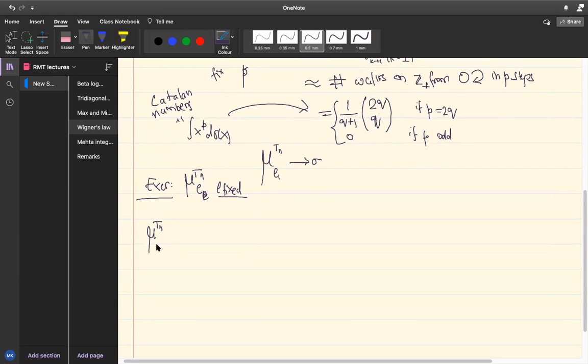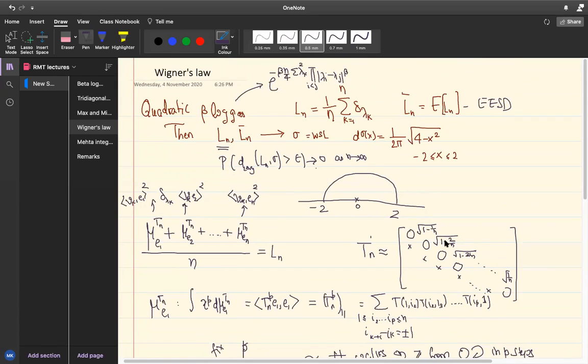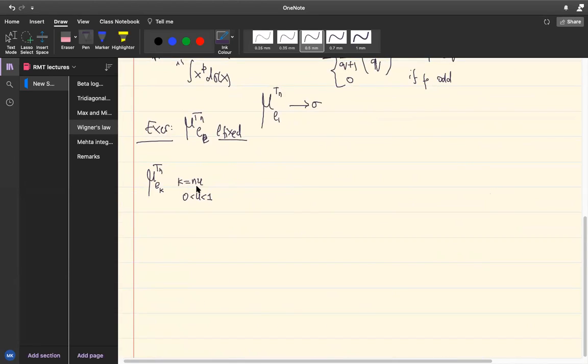But let me take somewhere deep inside. Mu Tn, let me take it at E_k, where K depends on N, K is N times some U, where U is between 0 and 1. So in other words, I go deep into the matrix. I am not looking at the beginning, but I'm going somewhere a fraction into the matrix. K is N times U, and I want to see what happens to the spectral measure here.